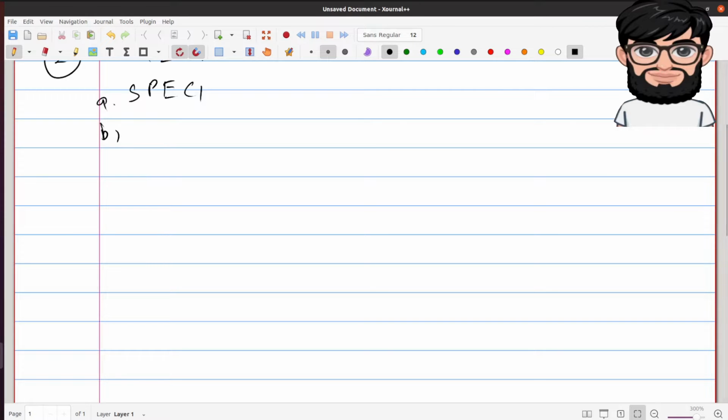The second part you will see is the ICAO weather station identifier.